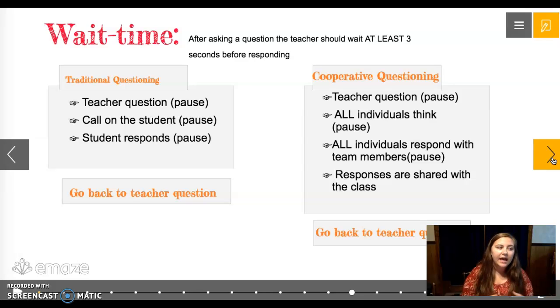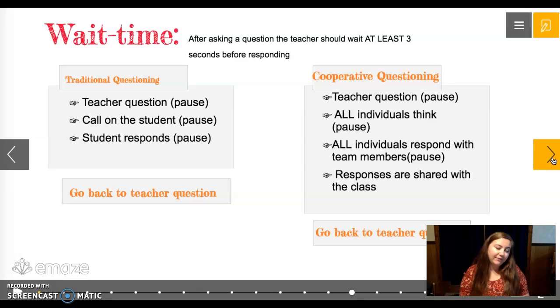so they can be a part of that discussion. If a child is in a group and you ask a question and immediately another student is able to answer it, these students that are able to process that very quickly are going to be the ones taking a key part in the discussion.